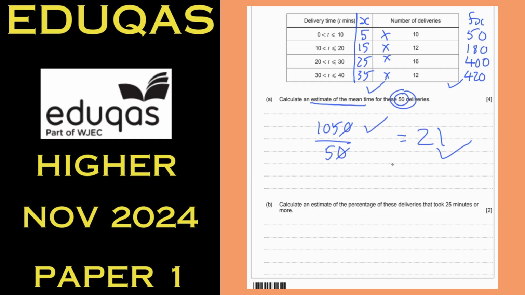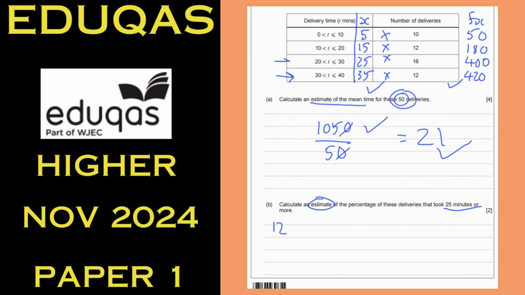Part B, calculate an estimate of the percentage that took 25 minutes or more. Let's go back to the table. All of those in that group, that's 12, took between 30 and 40 minutes, so they definitely all took 25 or more minutes.